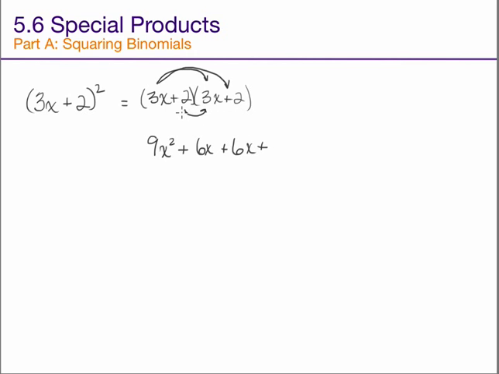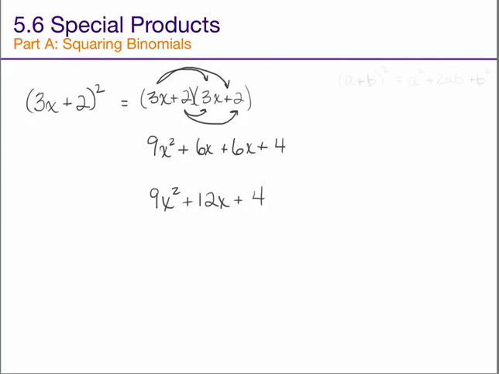Finally, 2 times 2, which is 4. Combining my two like middle terms, I get 12x instead of 2 copies of 6x.